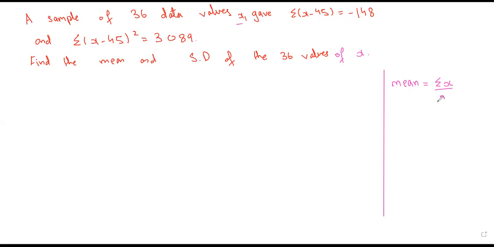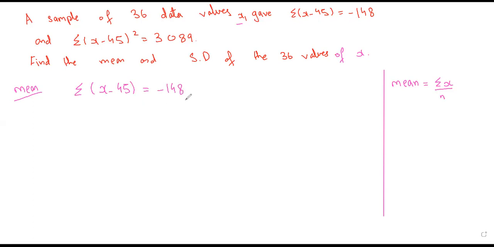We are doing a working for finding out the mean. We do not have summation x by n, but we do have summation x minus 45, that is minus 148.